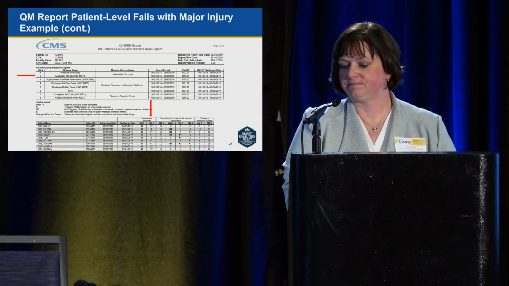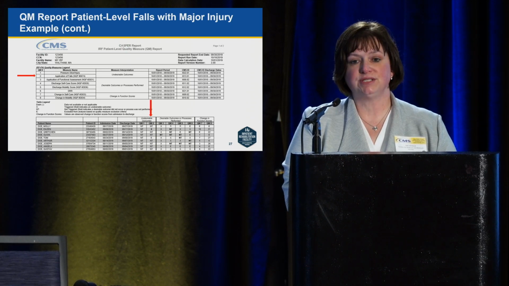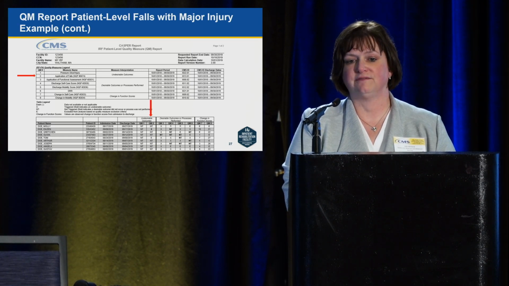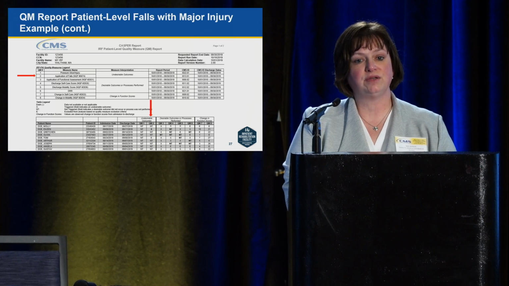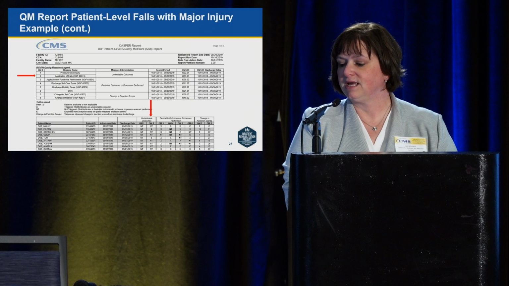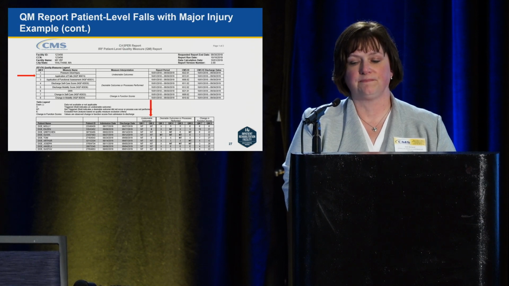So beneath this measures legend table is the table legend, and this is familiar to us because we've looked at this before. It identifies or defines those values that are displayed in the measure results for the patient level data. So you can see that a dash would indicate that the data are not available or not applicable.